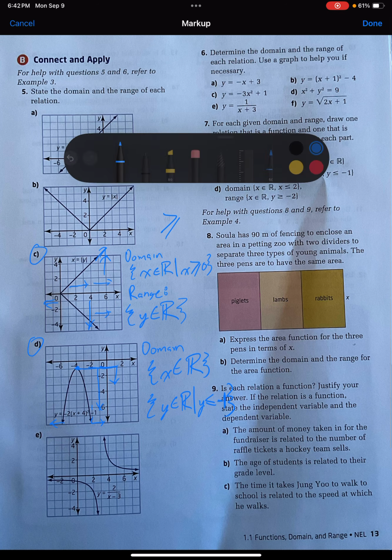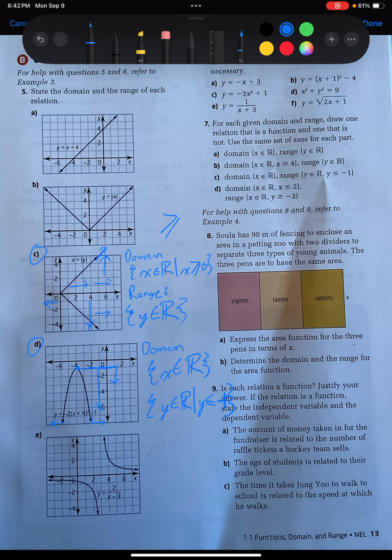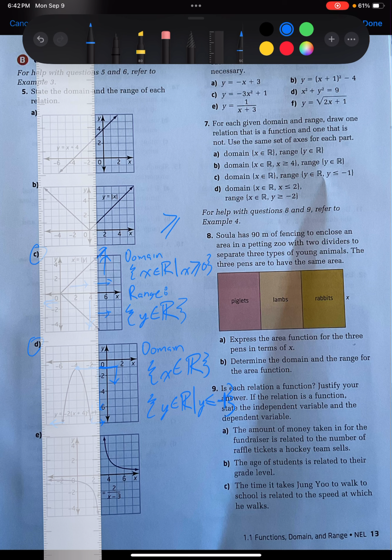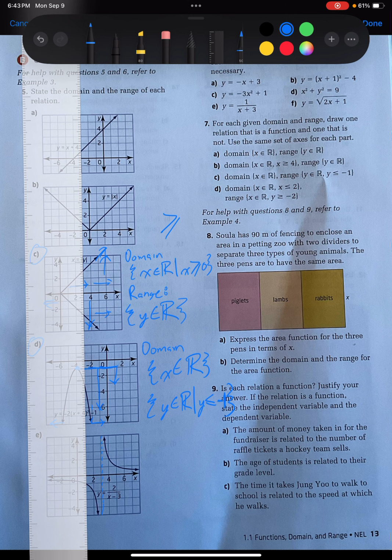And finally, we'll look at the last one. Right here, there's an asymptote. There's an asymptote. Why? Because x can never equal 3.